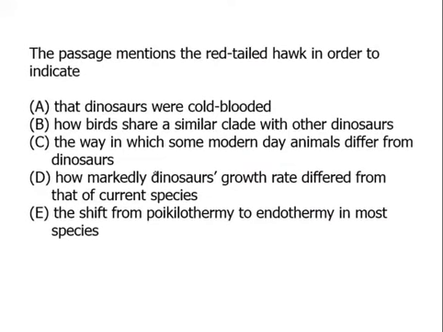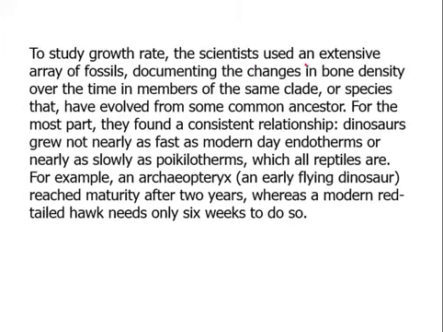So, what does this actually look like in the wild? Here is a detail question. The passage mentions the red-tailed hawk in order to indicate what? Red-tailed hawk is the detail word here. We're not given a line reference, but we scan back through the passage and end up at this part.